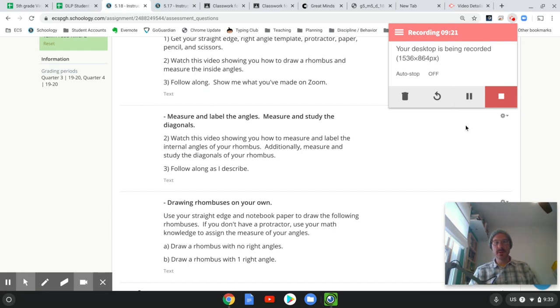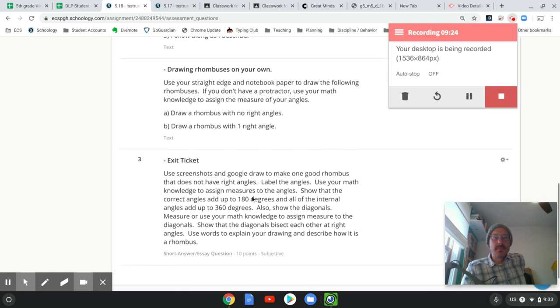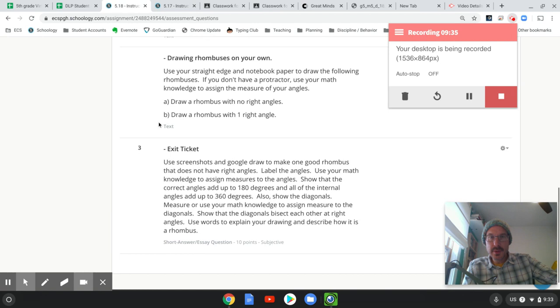Okay, one other thought. You're about to make a couple of rhombuses on your own, you need to be using those same strategies that I just showed you in the first video. And then when you get to the exit ticket, I saw a lot of exit tickets yesterday that just weren't students' best work.